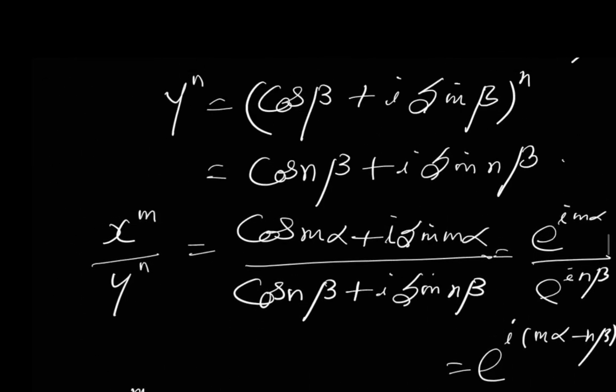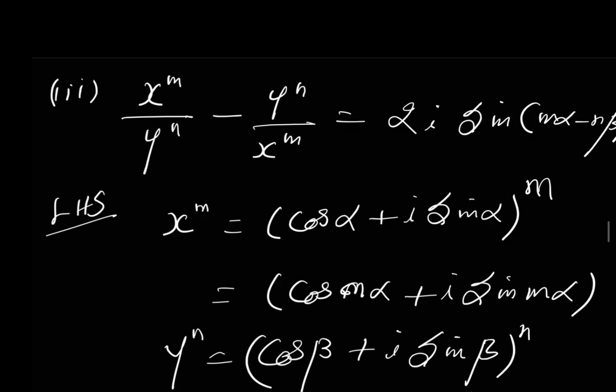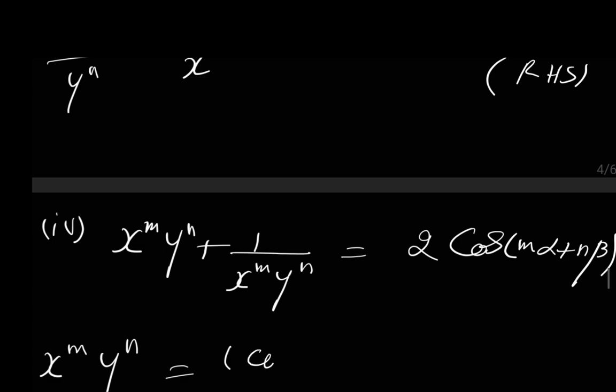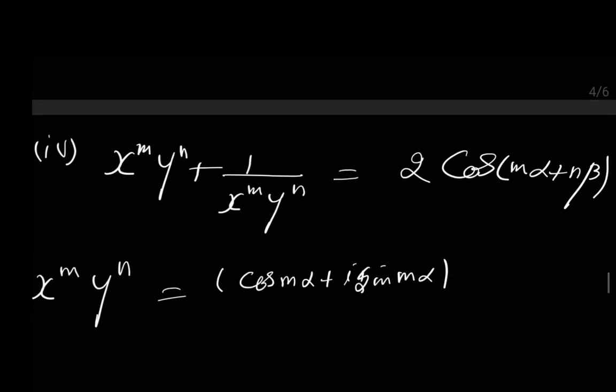As we have seen, x power m is cos m alpha plus i sin m alpha. Just write that here, cos m alpha plus i sin m alpha, into y power n, so cos n beta plus i sin n beta.